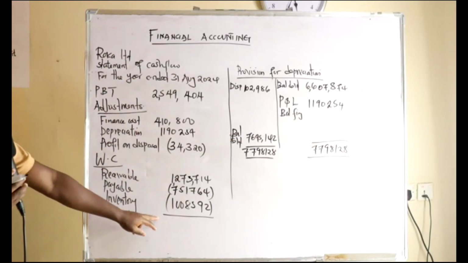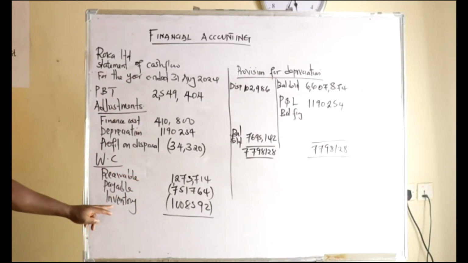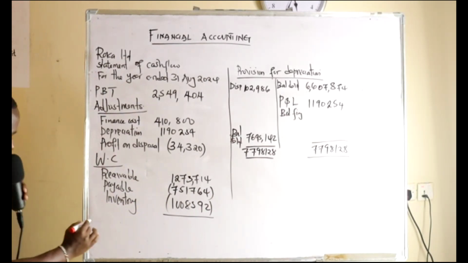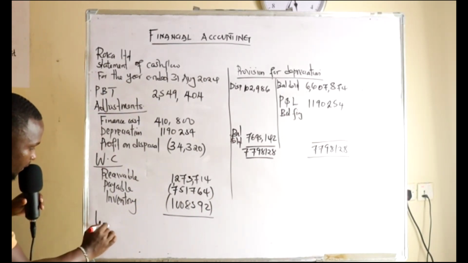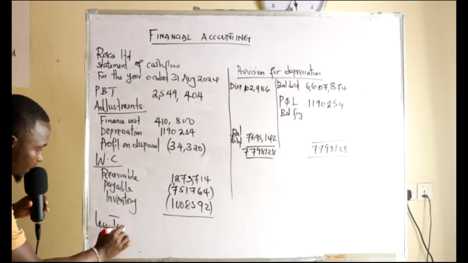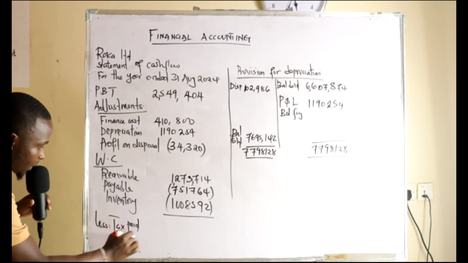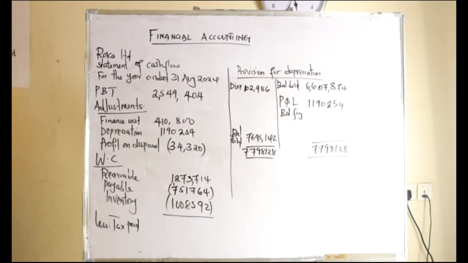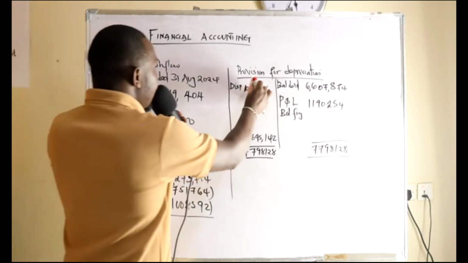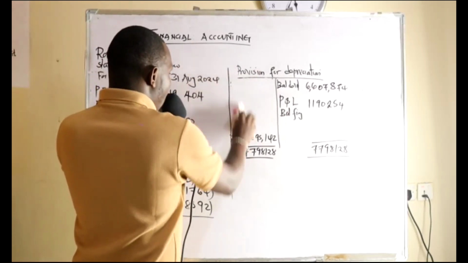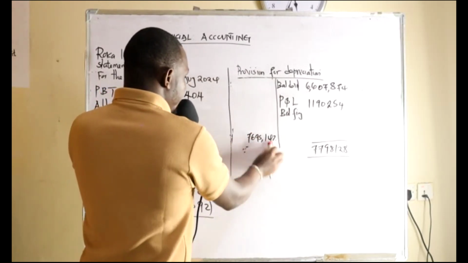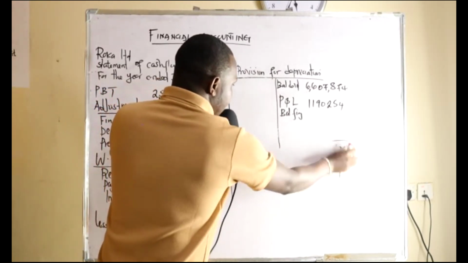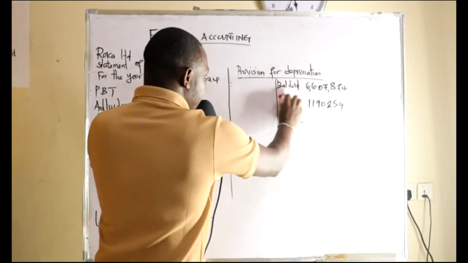After this, we'll have to subtract the tax paid. So, less tax paid. How do we calculate the tax paid? Very simple.